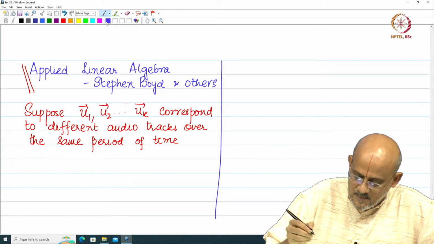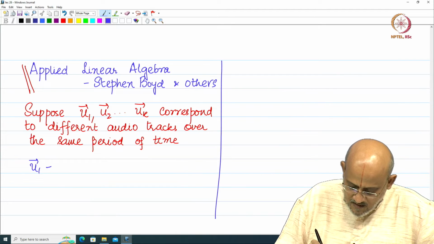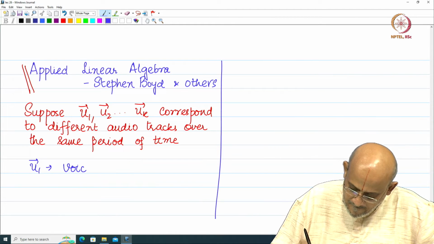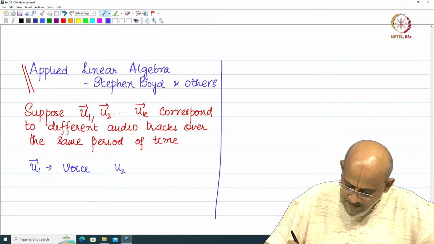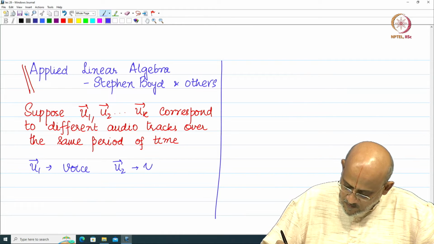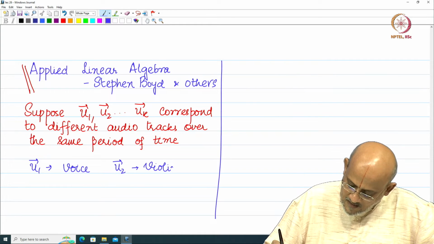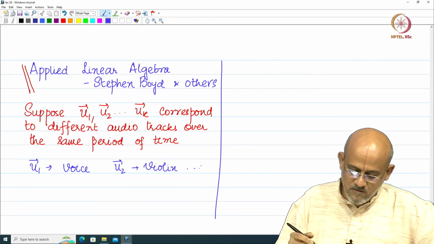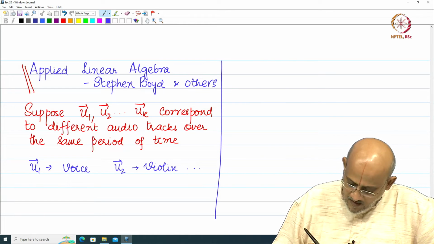For example, say u1 is a voice signal, then u2 is, say, a violin, and so on.